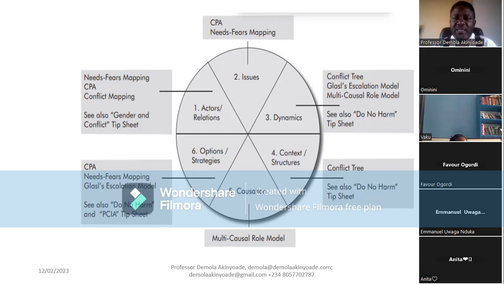The PCAD goes with 4 core elements. In any conflict, those 4 core elements are there. But in the conflict wheel, it broke the 4 elements into 6. Some tools, like the 3 P's: people, place, and what's the 3rd P?